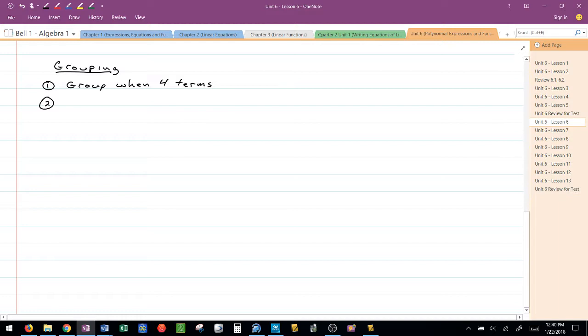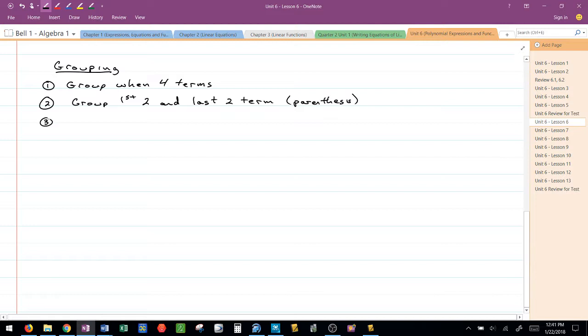All right? So how do I want to group this? I want to group the first 2 and last 2 terms. Now, when I do that, I use parentheses. So I group the first 2, I group the last 2.